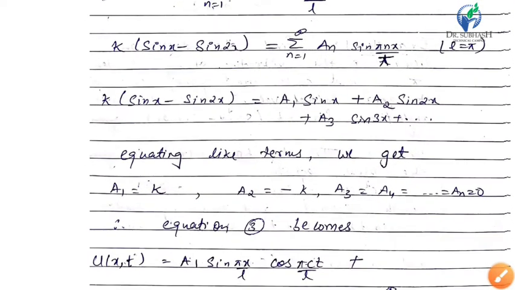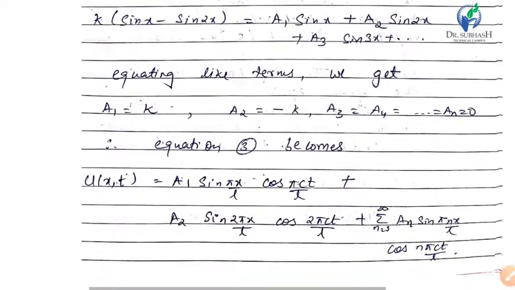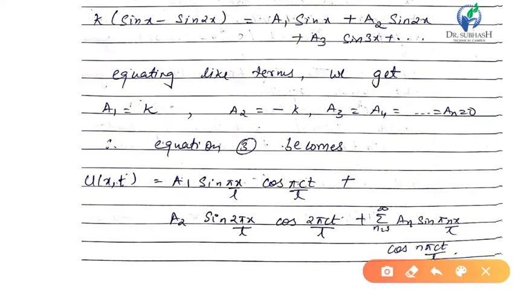Now I will start equating the terms. Okay. So if I take the coefficient of sin x, here the coefficient of sin x is k, so I am writing here k. Here the coefficient of sin x is a1, so I will compare it with a1. Now next I will take the coefficient of sin 2x.